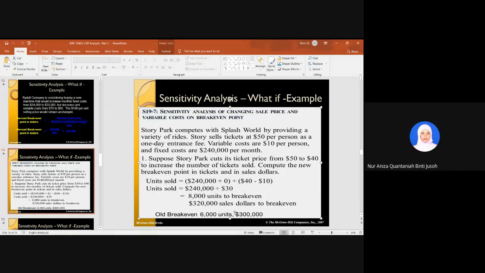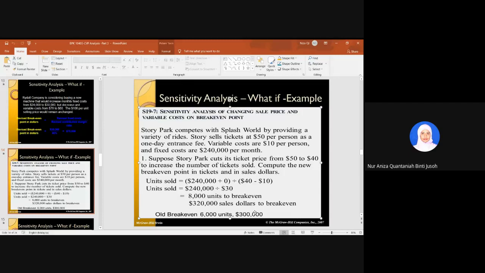So you can see here that even though they decrease the ticket price, to break even will require another 2,000 units.